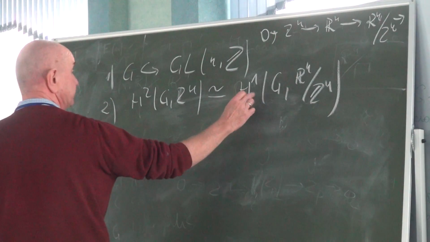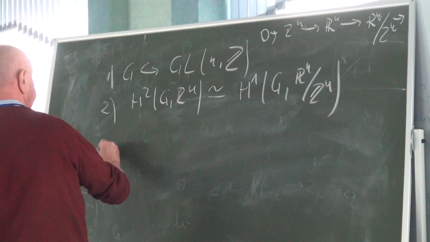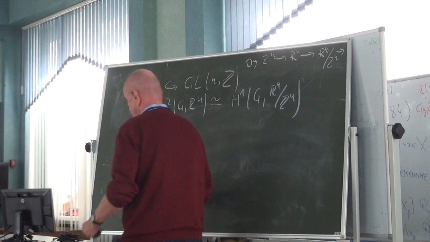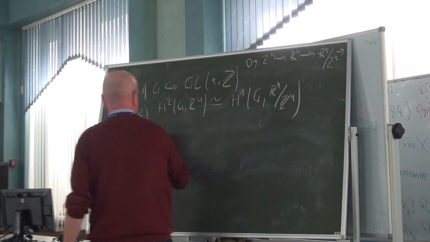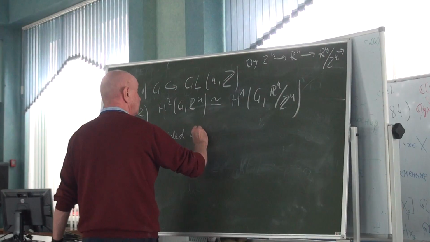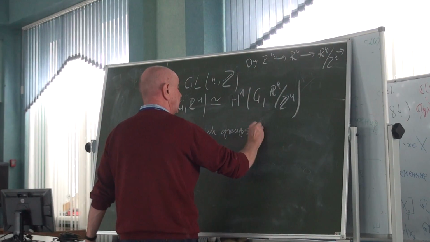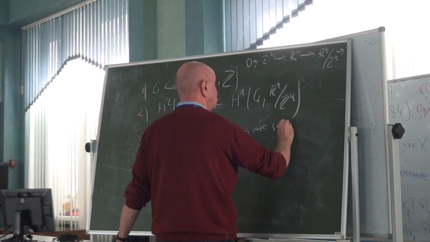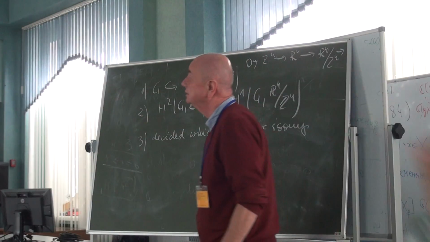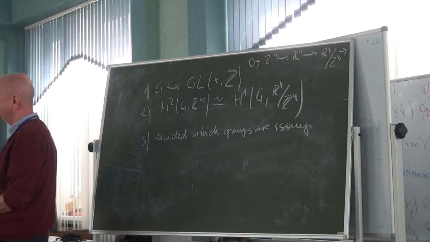There is a program for calculating this group, and then deciding which groups are isomorphic. So that is the method of Carat, and it gives us this classification up to dimension 6.